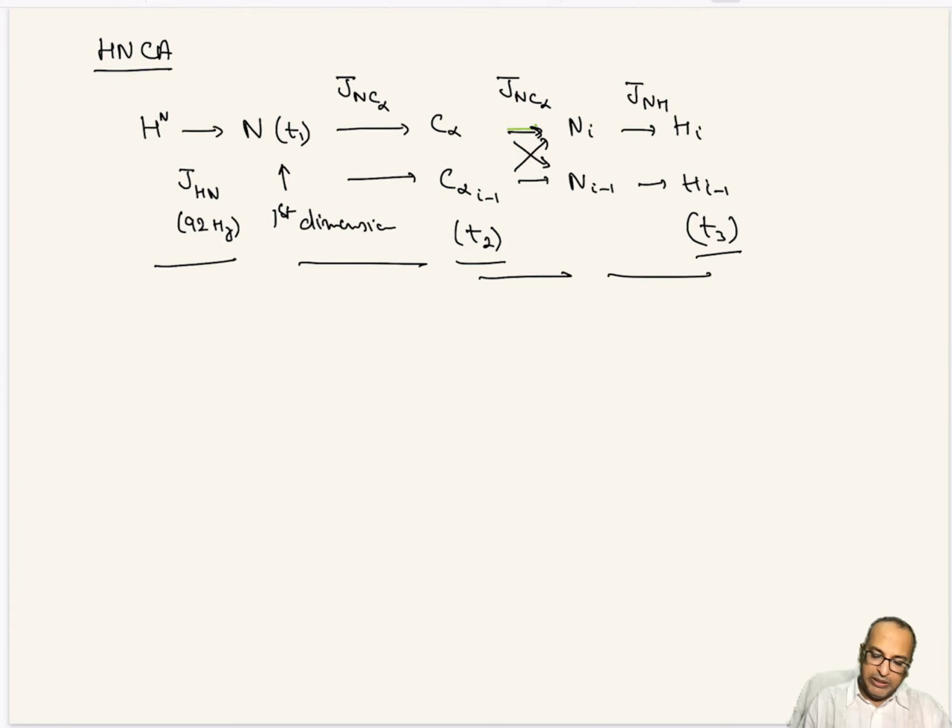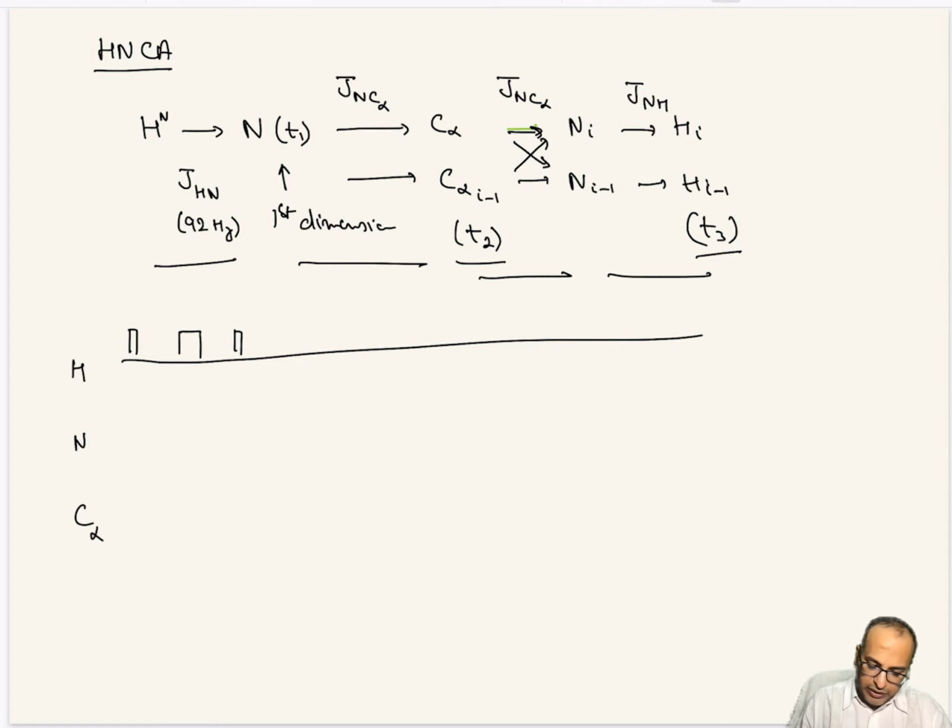Okay, so let me just draw quickly a quick and dirty HNCA pulse program. It may not be accurate, but I'll just try to draw one. So you have the proton channel, nitrogen channel, C alpha channel.